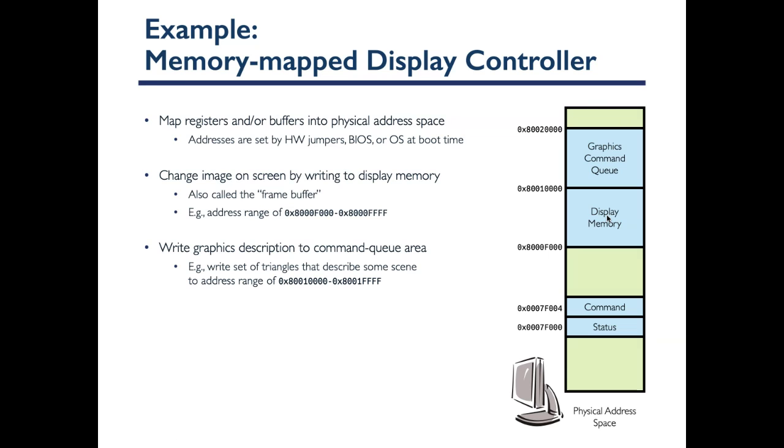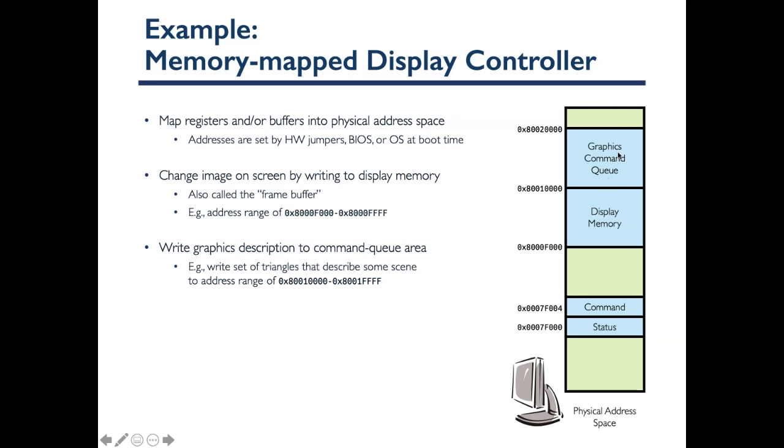Let's say we want to send some commands to change the picture somehow, like we want to write a set of triangles that describes some scene. We can use the graphics command queue to send commands saying that for this triangle, change it to this triangle, and for this triangle, change it to that triangle.